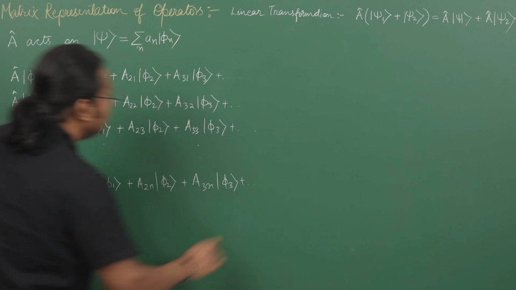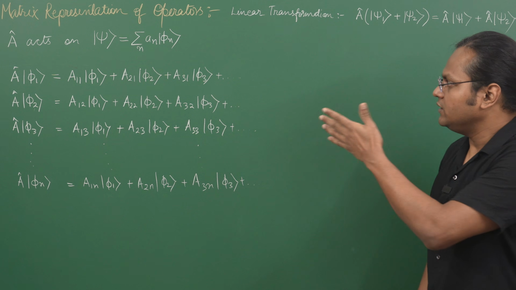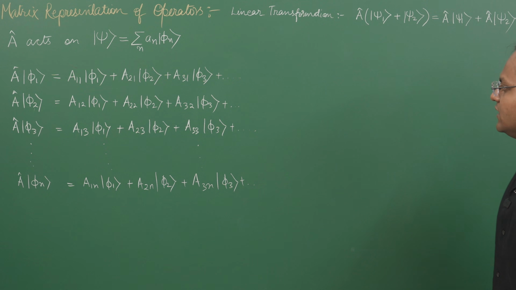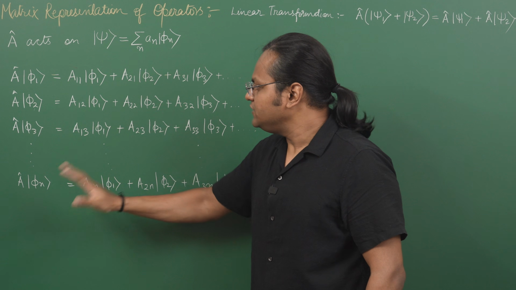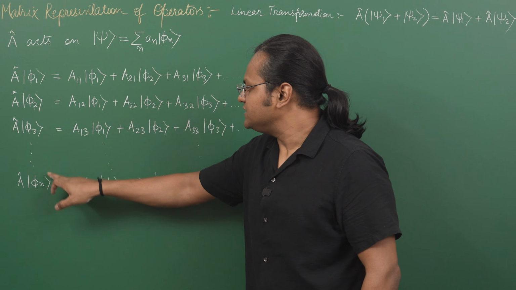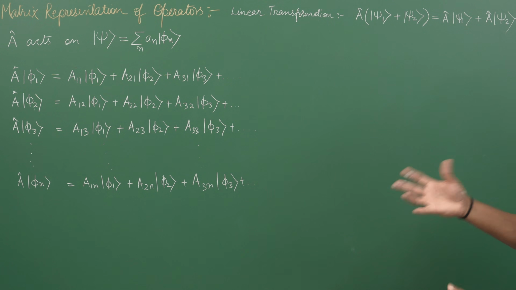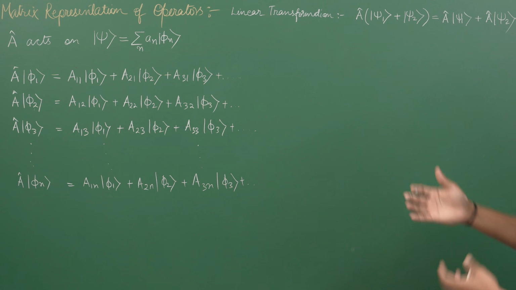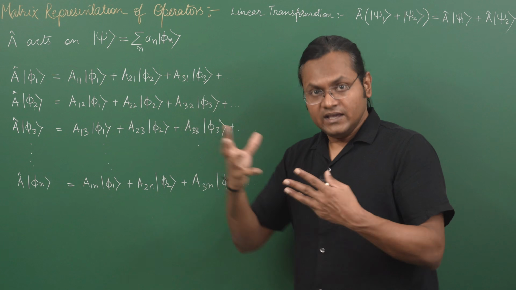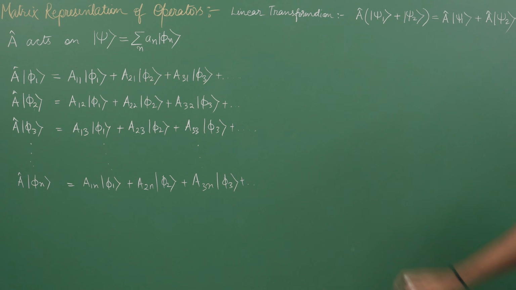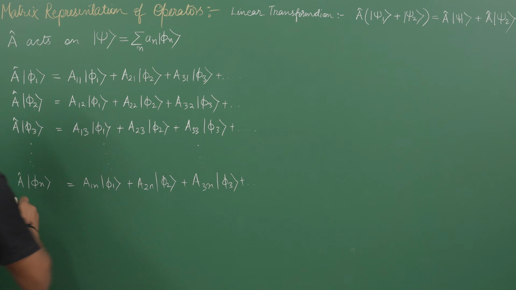So you can see that the linear transformation corresponding to this kind of an operator A hat in the quantum mechanical system can be represented in this particular manner if the operator acts on the basis vectors themselves. Now, once we understand how the operator behaves when it acts on the basis vectors, only then we can represent the operator acting on psi in a specific manner, because this entire operation can be written in a very compact manner.